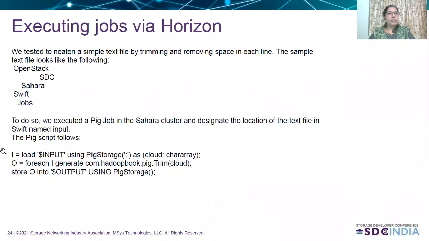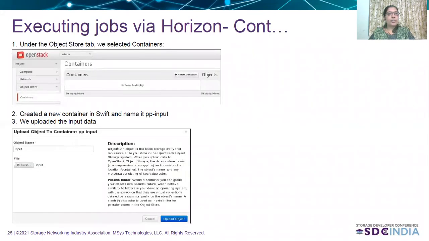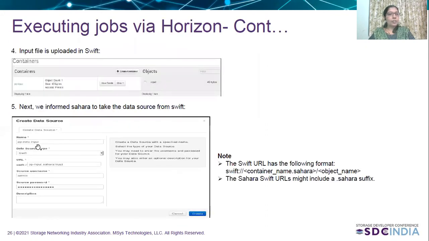This is a sample input file where the file has extra spaces, and we have a Pig script which trims the extra spaces in the file. We create a container in Swift storage, upload our input data to the Swift container, and cross-check the container to see whether our input file has been uploaded.